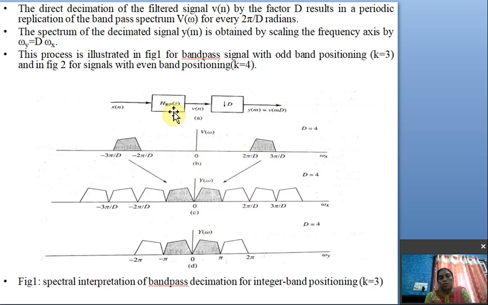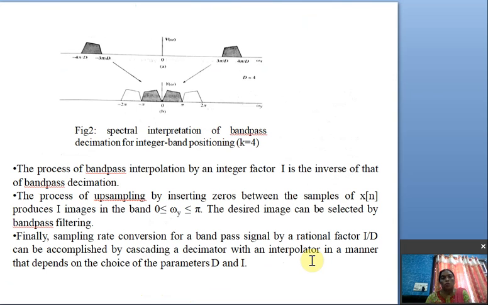After passing this filter and doing the decimation, you can get the spectrum for Y of omega like this, with respect to omega y. This is for the integer band positioning k equal to 3, the odd case. And for the integer band positioning k equal to 4, the even case, you can get the output like this.